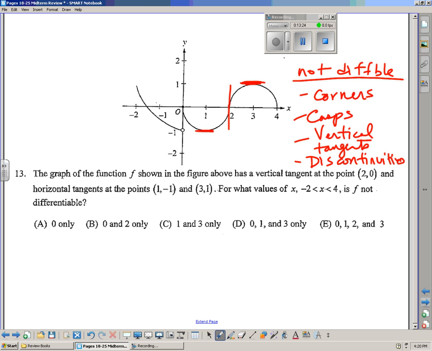Those are the 4. So we see we have a discontinuity at x equals 0. We have a vertical tangent at x equals 2. And no corners or cusps. So we just have those 2, at 0 and 2 only. Choice B. Very easy question.